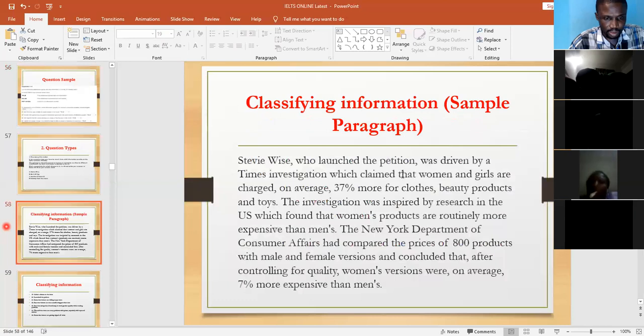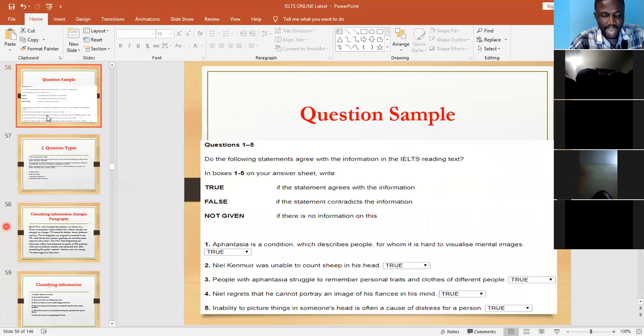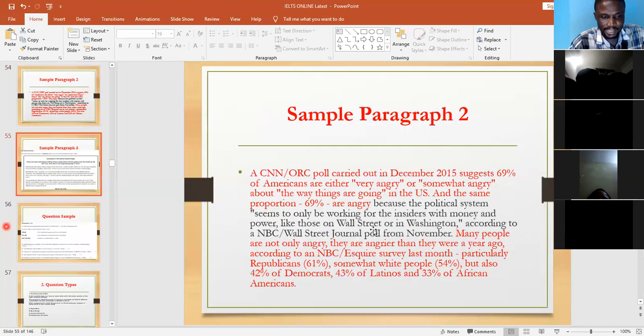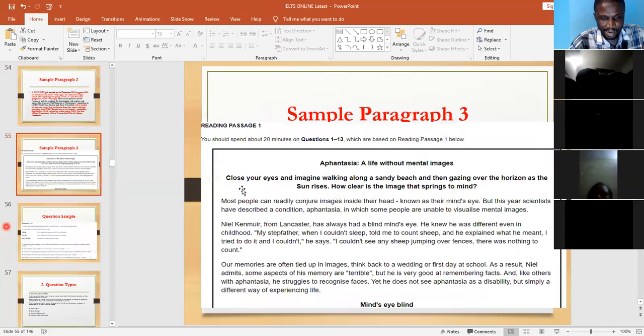This one is a paragraph. All the questions are sample past questions. This one is a paragraph too. I broke them down, but this is a reading that broke the paragraph down into bits.